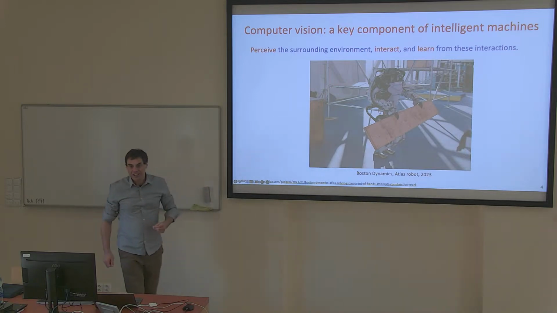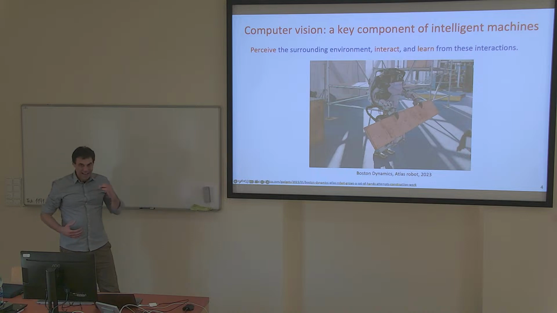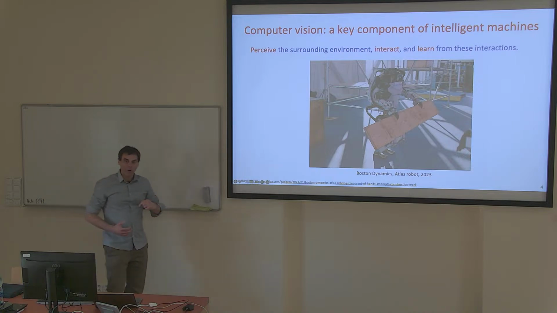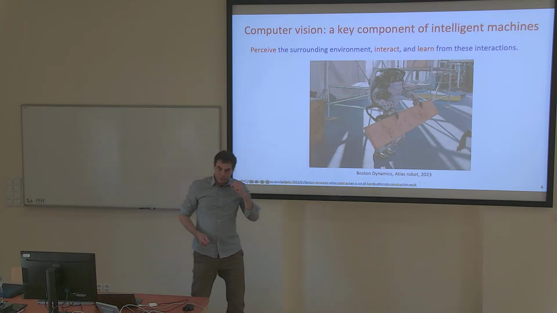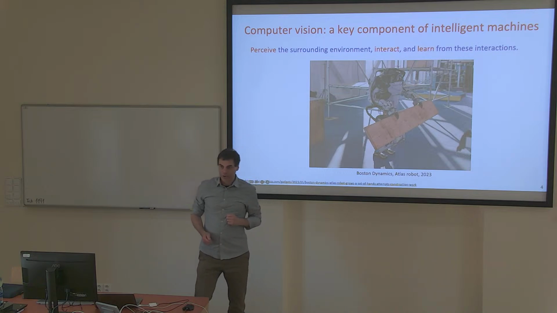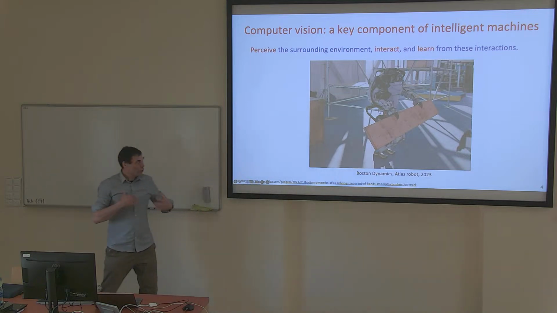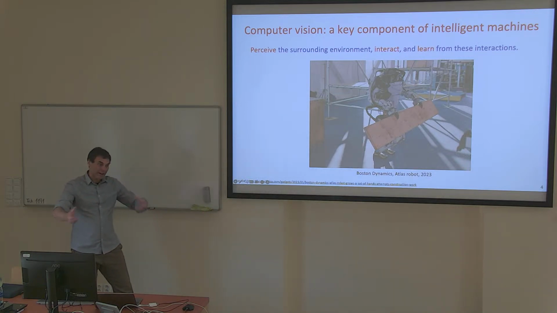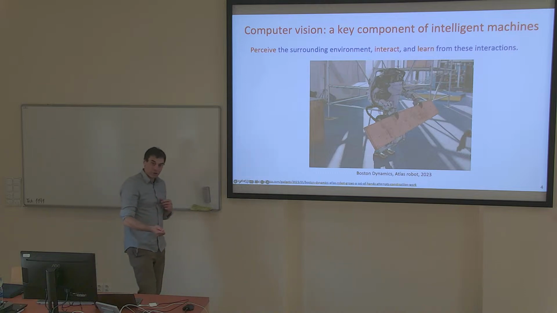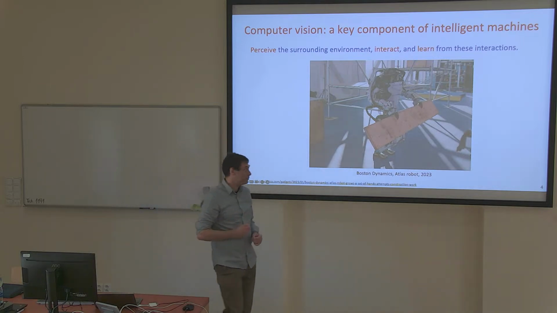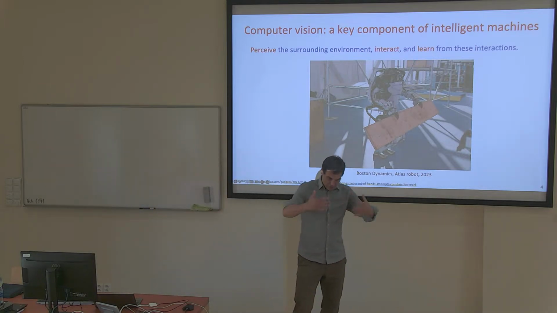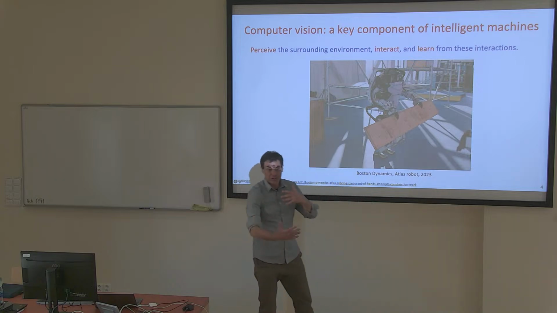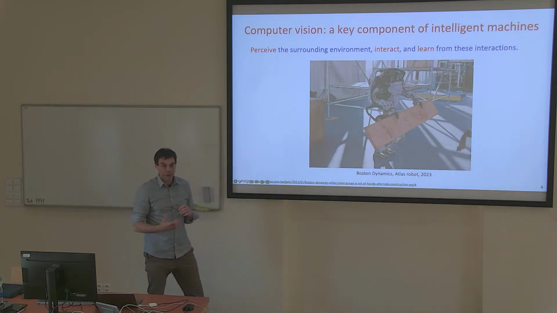What's even more exciting is that it can actually observe the outcome of its interaction and potentially learn from this interaction with the world. So the robot not only can go and grasp it, but it can say, have I grasped it correctly, or have I failed or succeeded in the interaction? So it's not about just the actions, but actually also closing the loop, learning from the outcomes of the interactions.